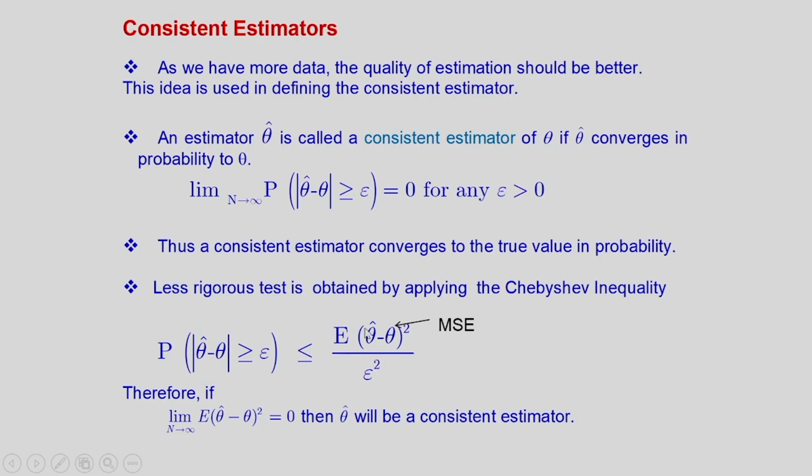Therefore, if this quantity is 0, then this probability will also become 0. So if the limit of E of (theta hat minus theta) whole square as n tends to infinity is equal to 0, then theta hat will be a consistent estimator. This is the test for consistent estimators we will be using.